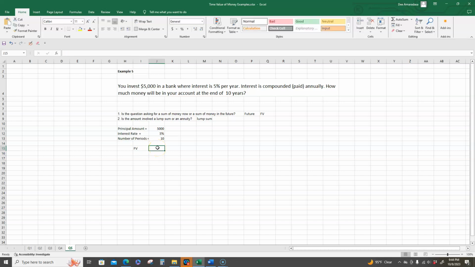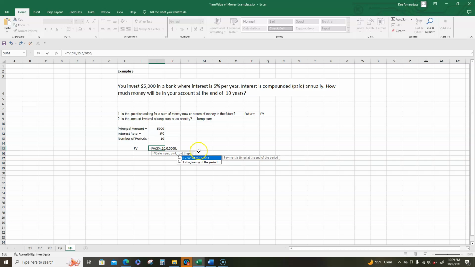Future value is calculated by starting with equal, then FV for future value. Open parentheses, and then it tells you what you need to type in. So we're going to start with rate, which we know is 5%, comma, number of periods is 10, comma, the payment. Again, we're not going to make any payments, so our payment is going to be 0. We know that our present value, which is the amount that we invest now, the principal, is 5,000.